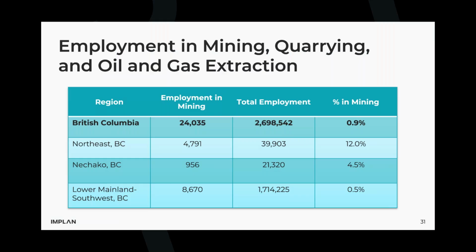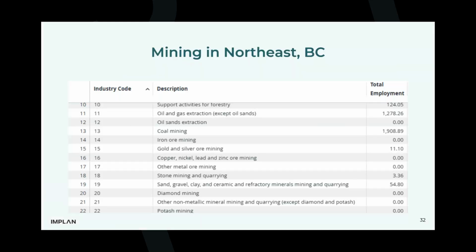So as we can see here in this first example, the provincial average is practically meaningless and masks the importance of this industry to regions like Northeast and Nechako. But with IMPLAN's 235 sector industry detail, we can dive in a little bit more.